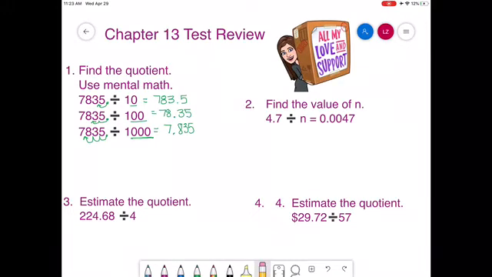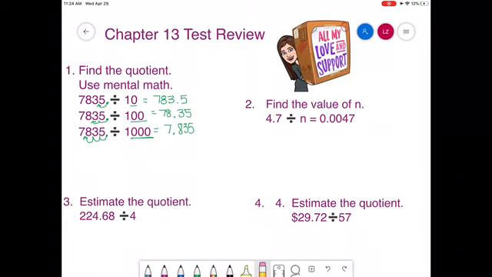Okay, so let's do number 2. Number 2 says find the value of n. All right, and the problem is 4.7 divided by n equals 0.0047. So you need to figure out what n is.